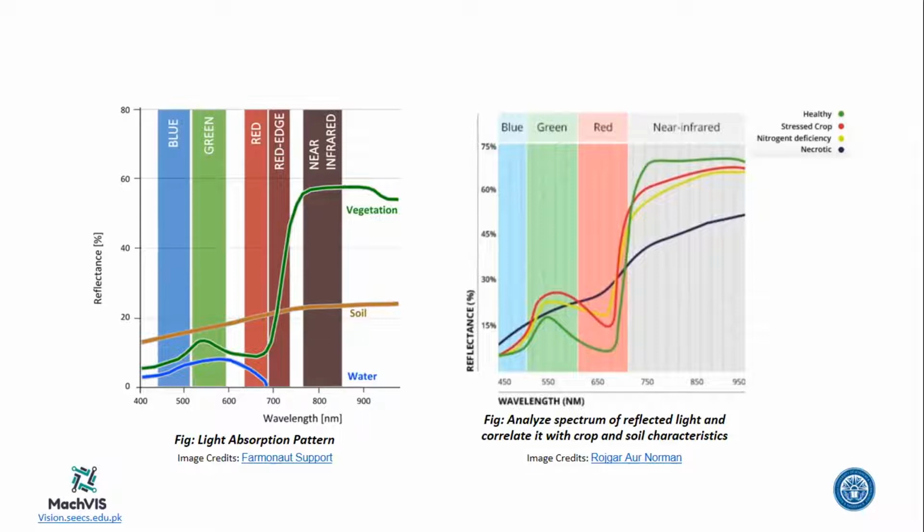It's under stress, and it could be because of a pest attack, or because the nitrogenous species in the soil are not available. It could be any reason, but you can detect the reason for the stress as well with the infrared bands.